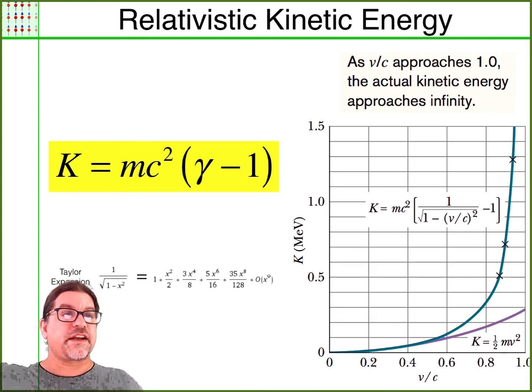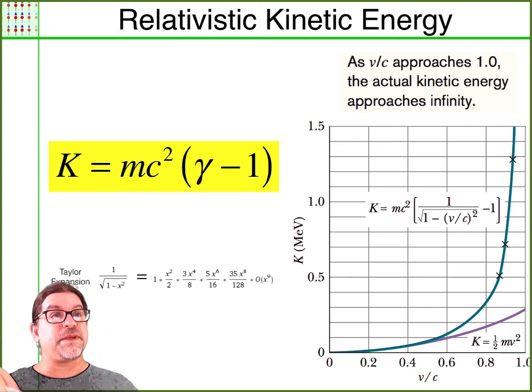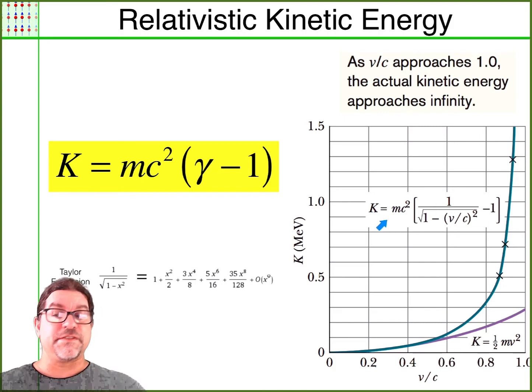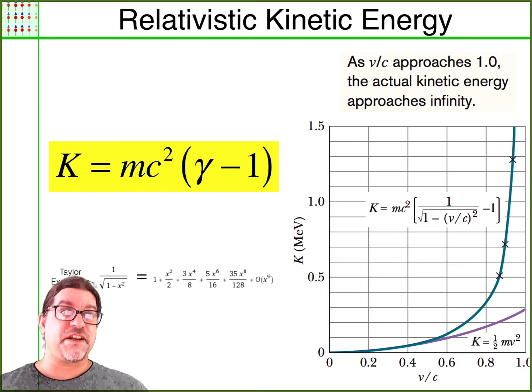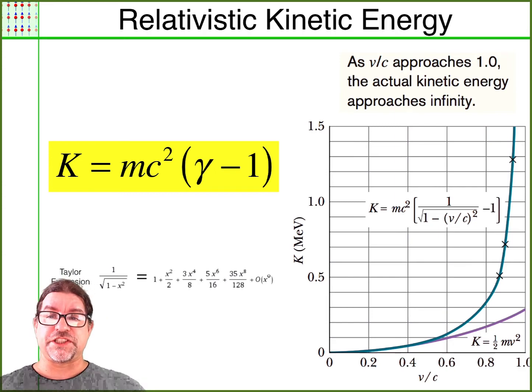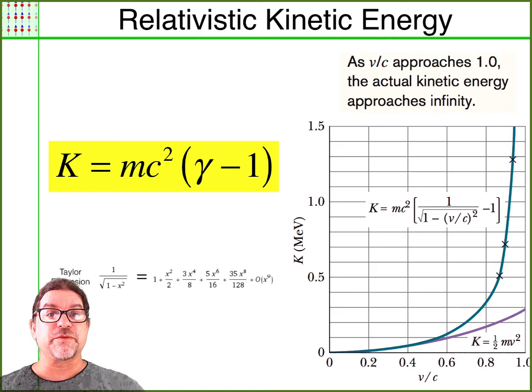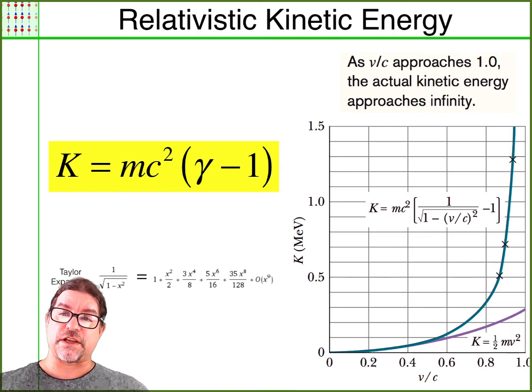But in relativity, the kinetic energy tends towards infinity as you approach the speed of light. In other words, to get to the speed of light, you would need an infinite amount of energy, which is not readily available. So it is impossible to get something with mass to the speed of light because the amount of kinetic energy it would require would be infinite, which is a lot.